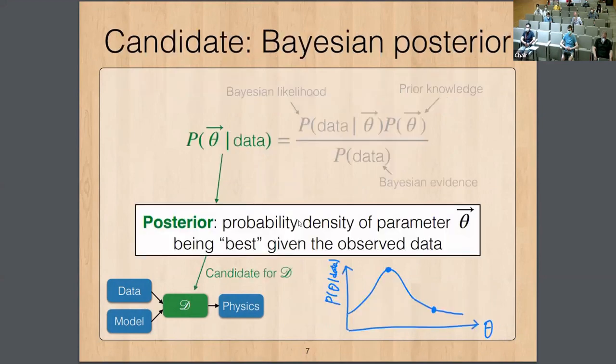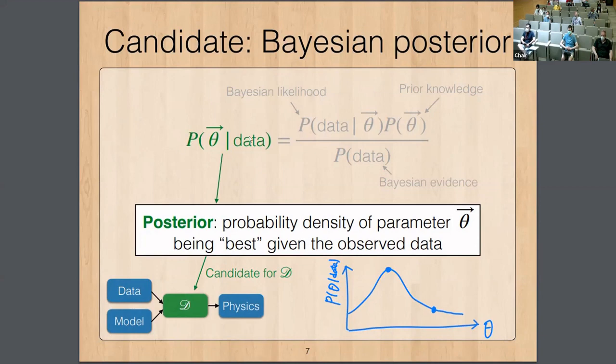One of the candidates for this distance measure is in the Bayesian formalism. Up here is the formula, the Bayes rule that many people know. Let's focus on this object called the posterior function on the left-hand side of the equation. This posterior function is essentially a probability density of some given parameter being the best fit given what we observe in data.